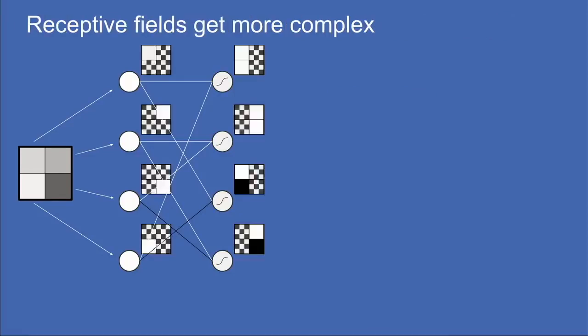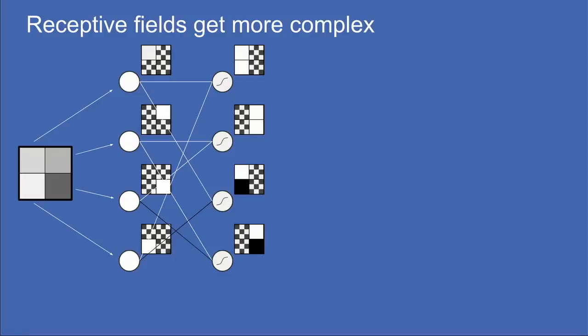We can see that the receptive fields have gotten more complex. If you look at the neuron in the first layer on the top, you can see how it combines the inputs from the upper left pixel and the lower left pixel. Both of the weights are positive, those lines are white, and so what comes out, its receptive field is, if both of those pixels on the left are white, then it has the highest value it can possibly have.